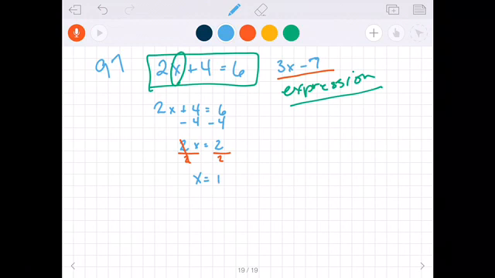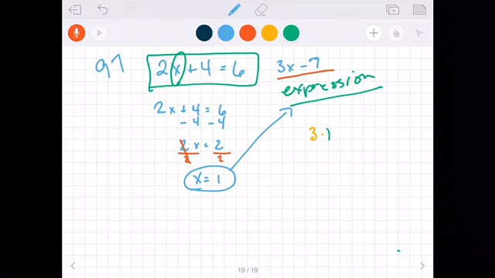But we're not finished because our whole point is to use that value in order to solve this expression. So I'm going to change my colors. I'll make my x green, and I'll have the rest of my equation in yellow. So 3 times 1 minus 7 equals, whoops, I forgot about changing my color, didn't I?